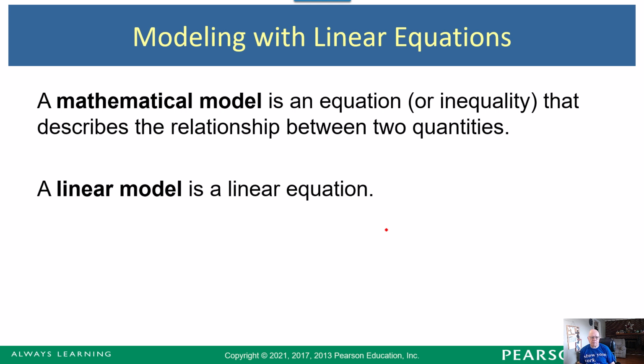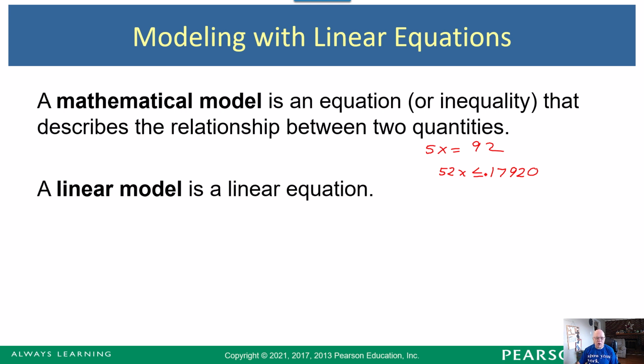Next, mathematical models are usually equations, sometimes inequalities. You might have something like 5x equals 92, or something like 52x is less than or equal to 17,920. Could be an inequality.